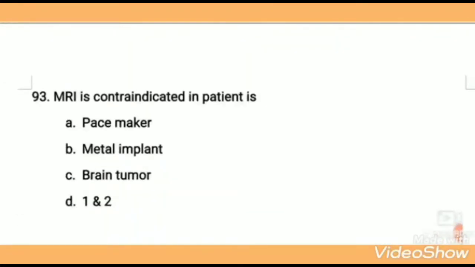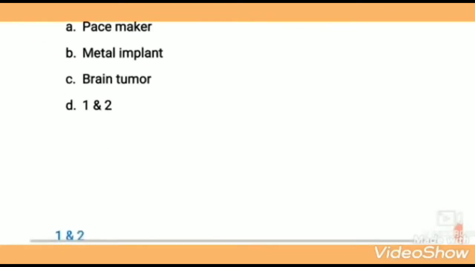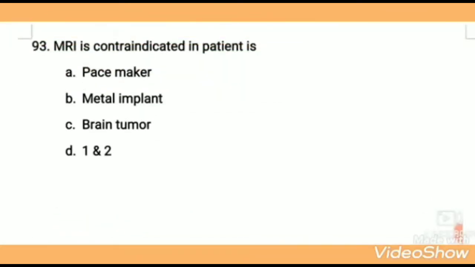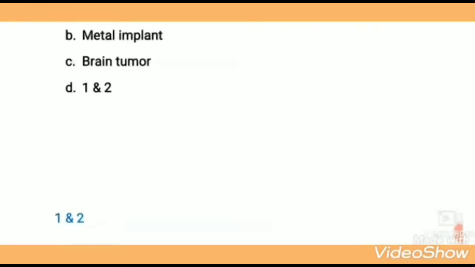MRI is contraindicated in patient with pacemaker, metal implant, brain tumor, or first or second answer, both. So, the correct answer, MRI is contraindicated in patient with first and second, that is pacemaker and metal implant. Next question.